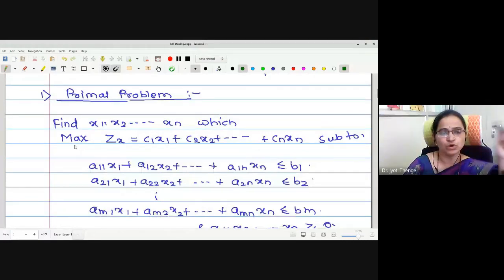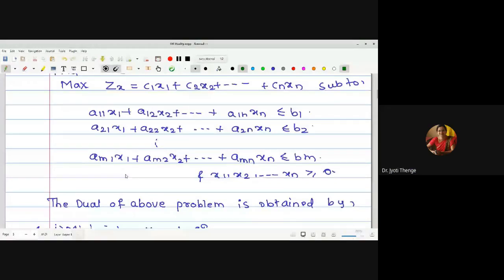We have to interchange the role of constants, inequalities, and with all these we called the dual variables b1 w1, b2 w2 up to bm wn, and these are the constants, right?